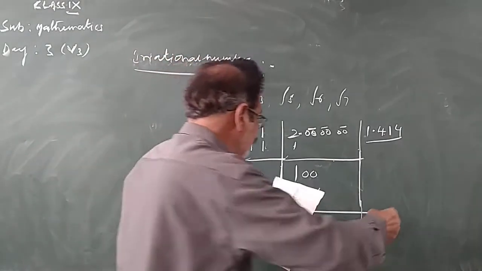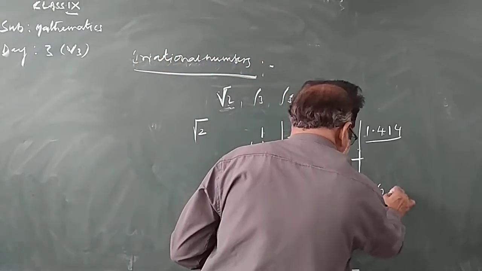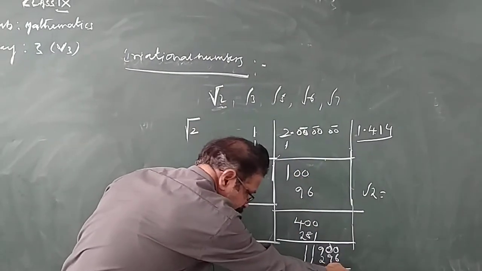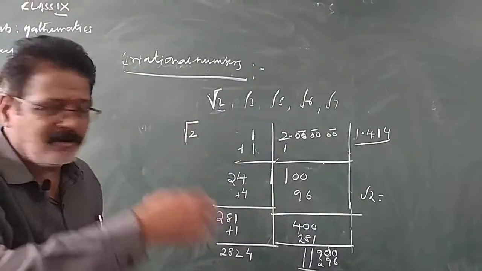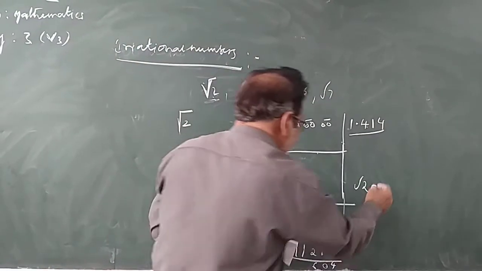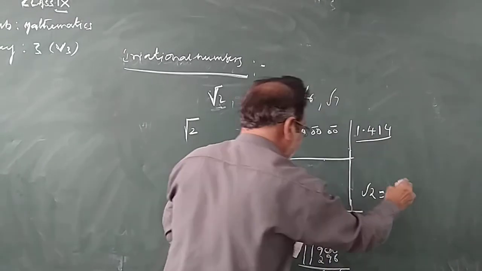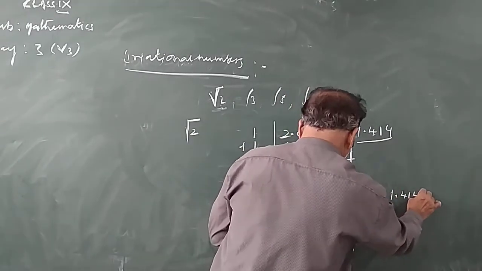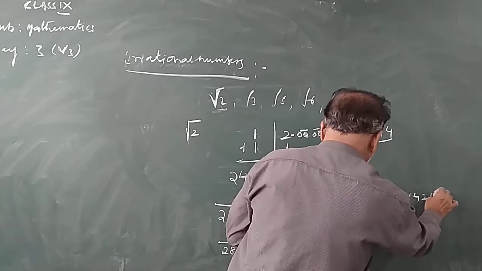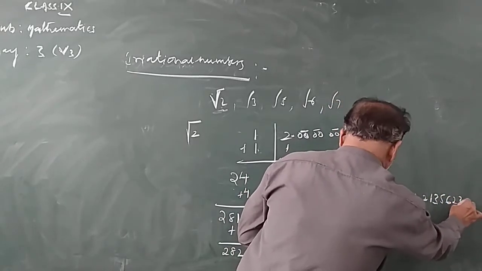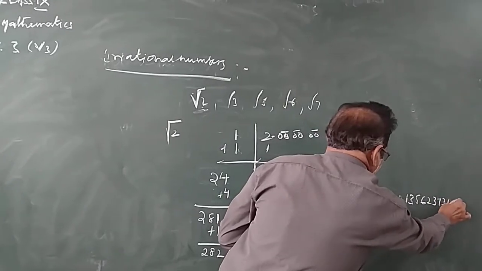Root 2 value, how much do we get from the division? We go on doing this. Again, bring down 2 more zeros here, and if you continue the division, what will you get? You will get the quotient 1.4142135623731 and so on.